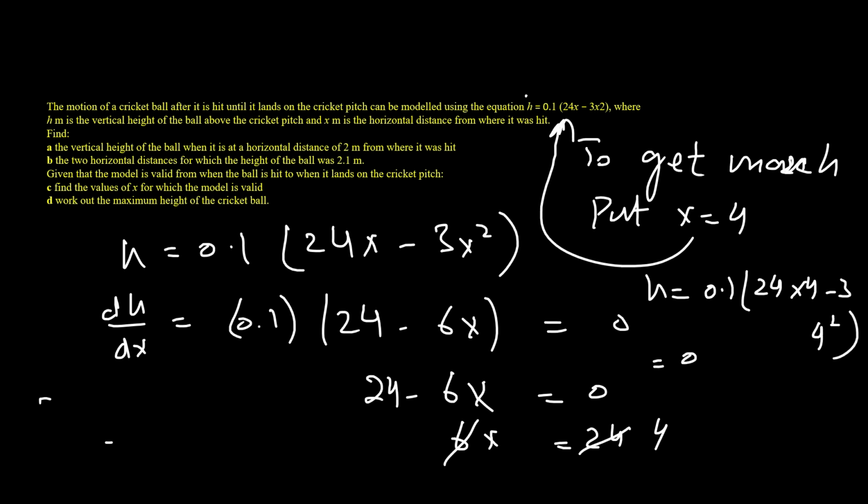So it is equal to 0.1 times, 24 4s are 96, minus 3 times 16 is 48. So 96 minus 48 is 48, times 0.1 is 4.8. So the maximum height of the cricket ball is 4.8 meters.